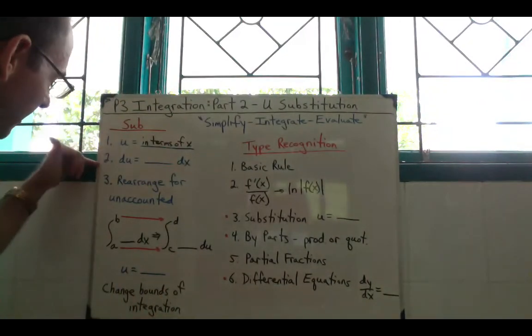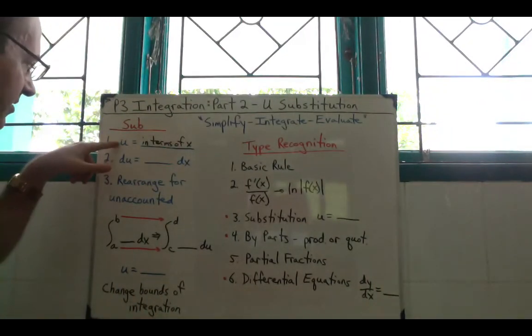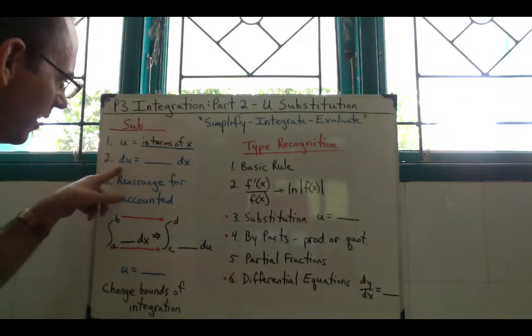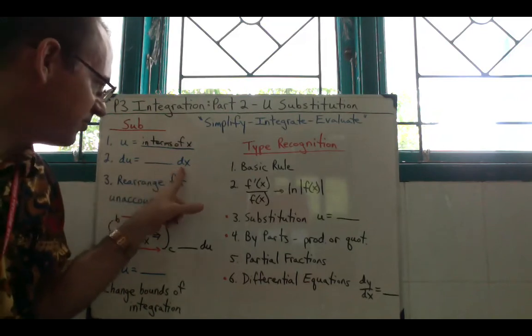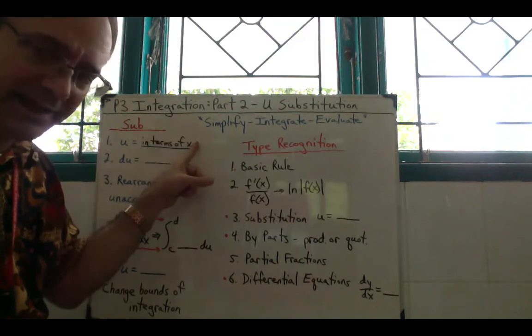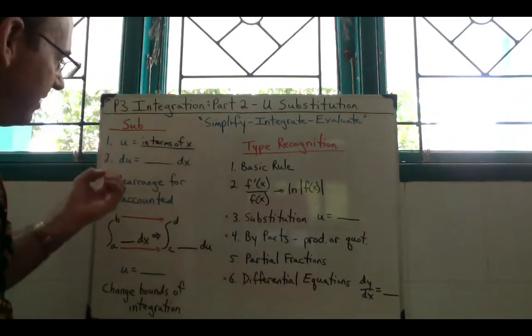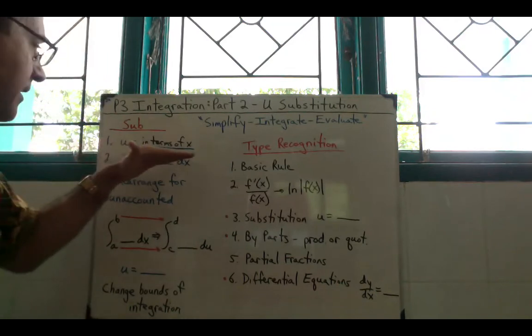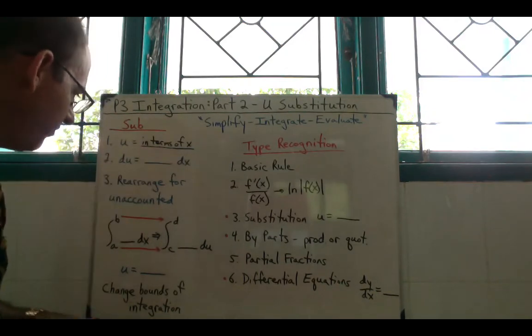Okay, so the second thing that we're going to do is take the du, the derivative of u, so that we can also substitute for the dx. So it's not just substituting for the x or the theta, but it's substituting for the dx or the d theta. So we're going to have to generate this one ourselves.